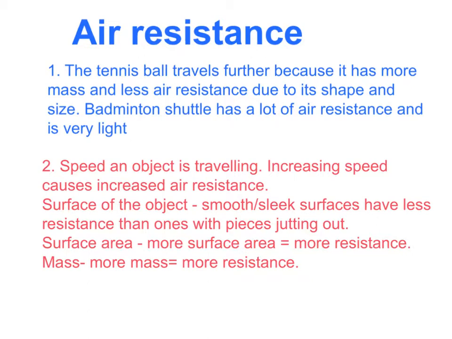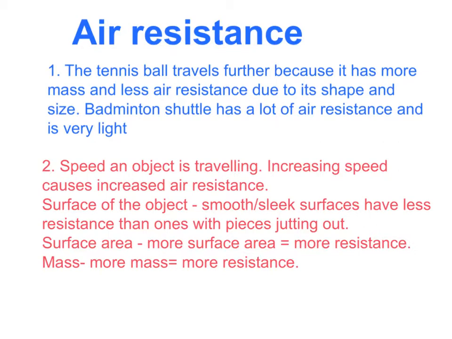However, there are some key facts that affect air resistance, and one is the speed an object is travelling. If you increase the speed, it increases the air resistance. It's like if you're in a car and you put your hand out the window, you're going much faster and you can feel the air resistance on your hand. Whereas if you're travelling slowly, you won't notice the air resistance.